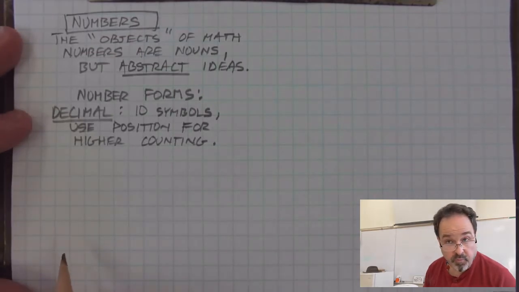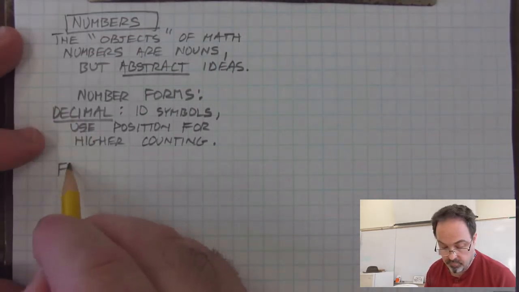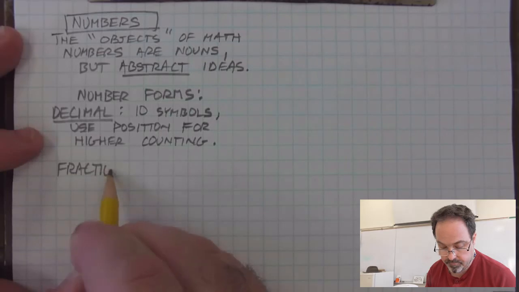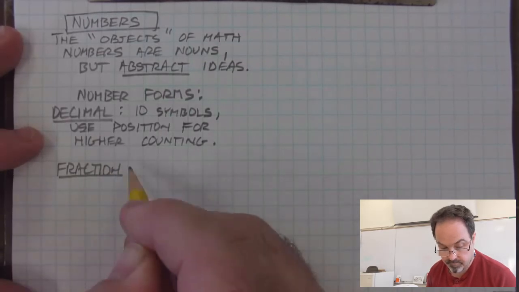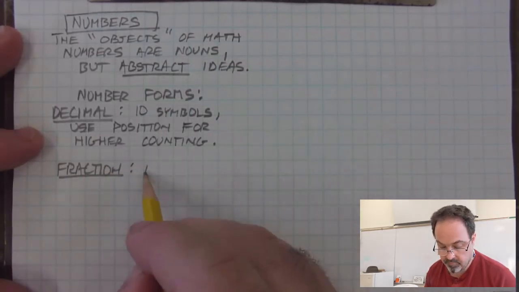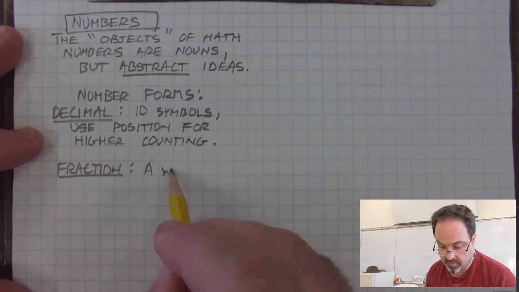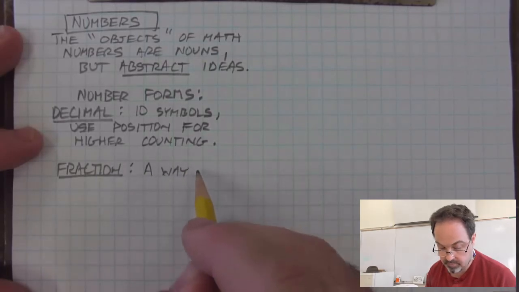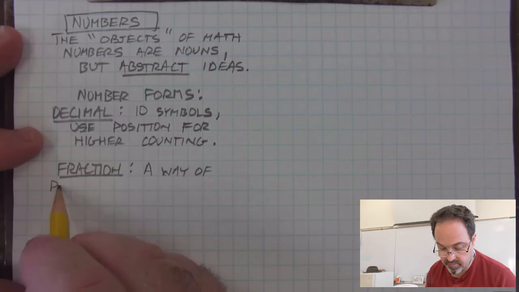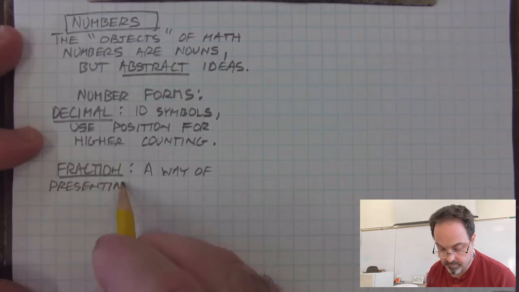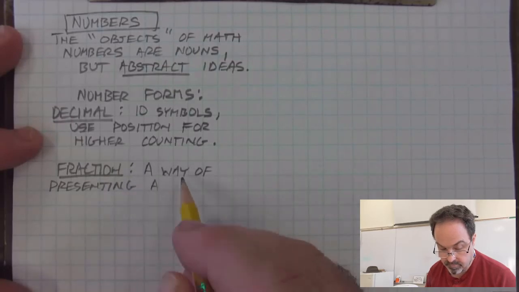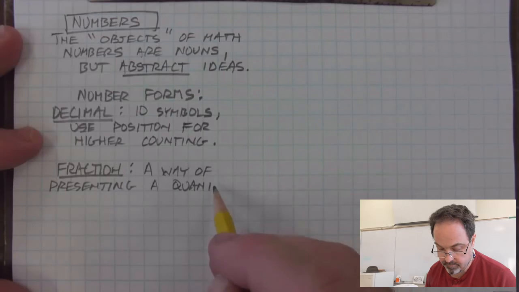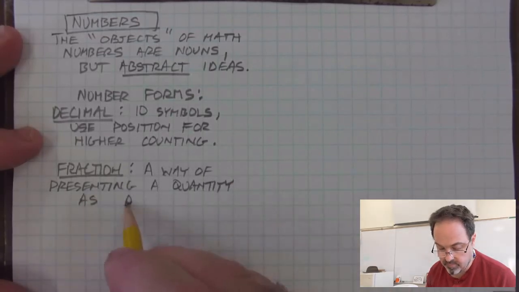We can have another form of number called a fraction. And a fraction is a way of presenting a quantity as division.